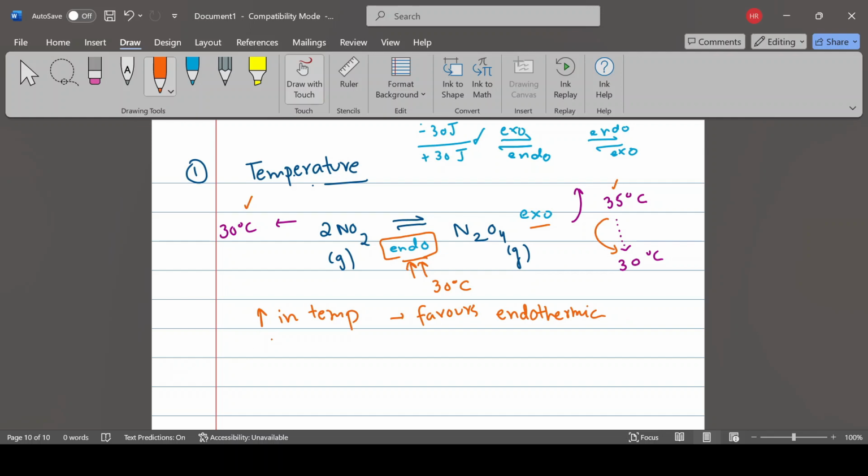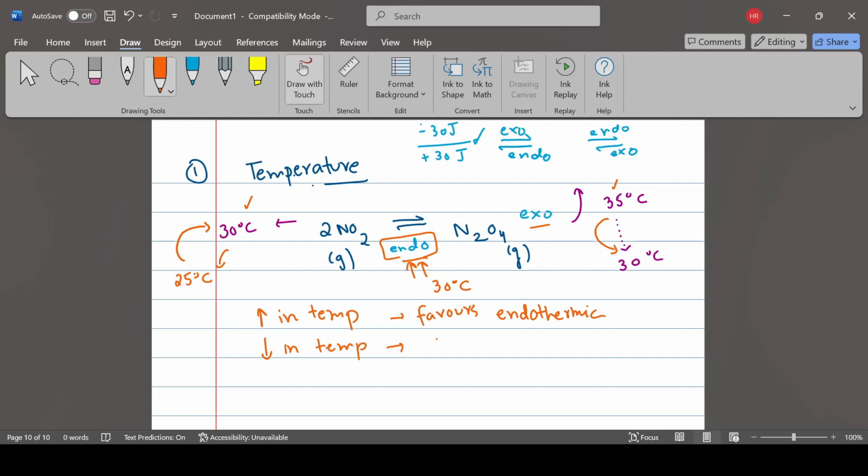Similarly, when there's a decrease in temperature, let's say for example, you decrease the temperature from 30 degrees Celsius to 25 degrees Celsius, it will try to go back and regain that 30 degrees Celsius point. So what it will do is it will want to release more heat, so the temperature increases back to 30 degrees Celsius.